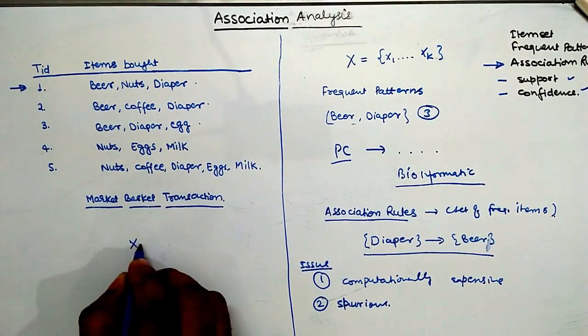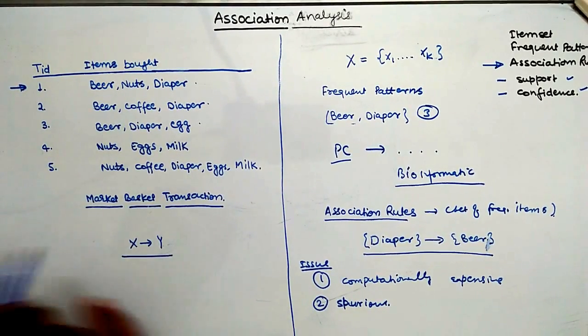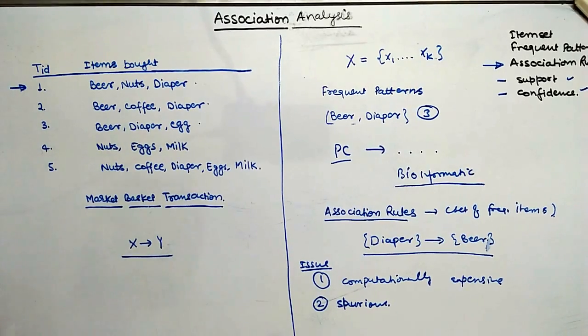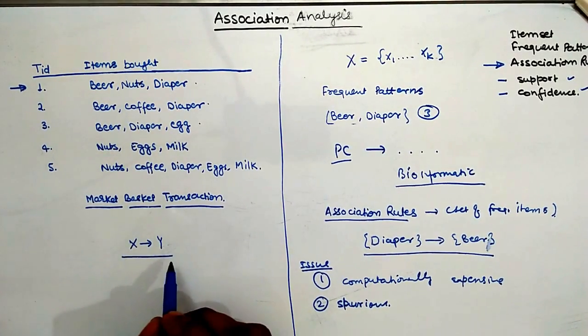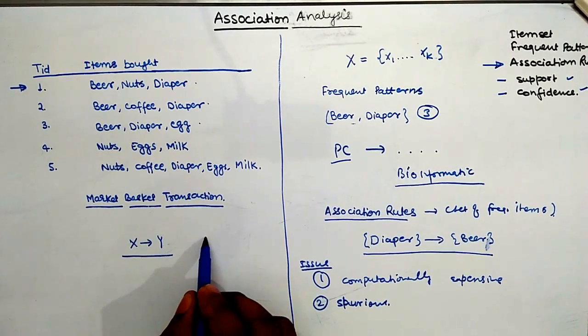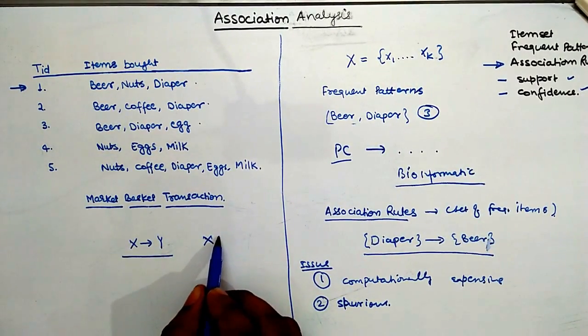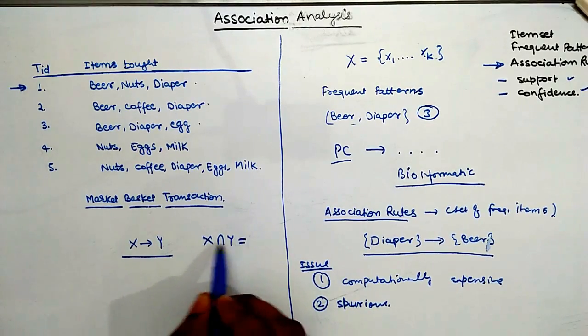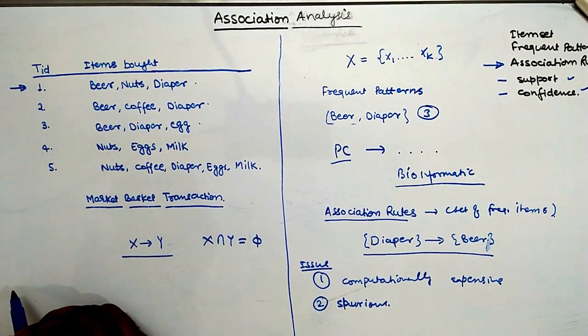If we have a rule X tends to Y, this is called an association rule, where X is an item set and Y is also an item set. These two item sets must be disjoint, meaning the intersection between them must be phi.